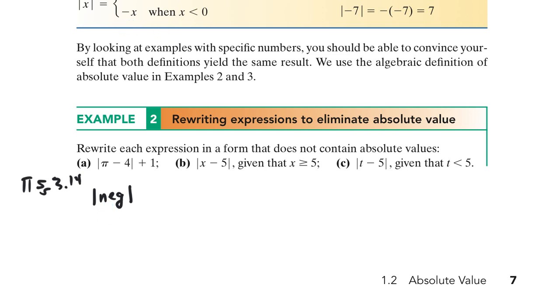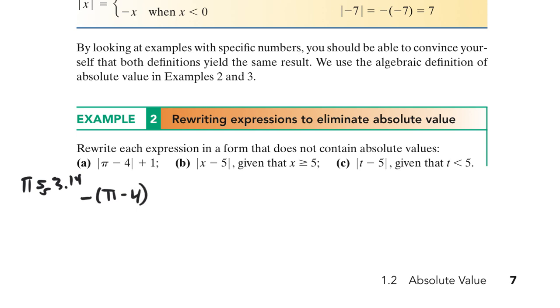So when this is negative, meaning when it's less than 0, the answer to it is going to be the opposite of whatever x is. In this case, x is this pi minus 4. So the answer to this one part here is going to be the opposite of pi minus 4.